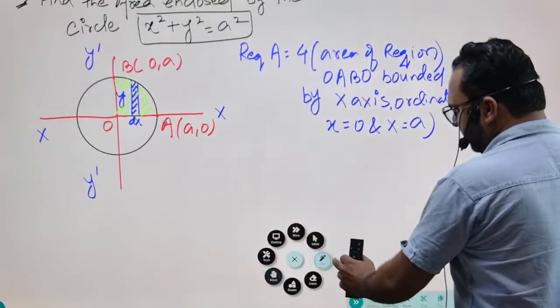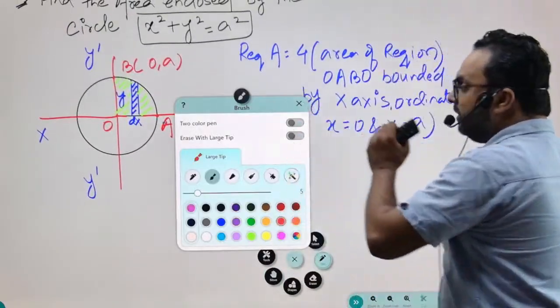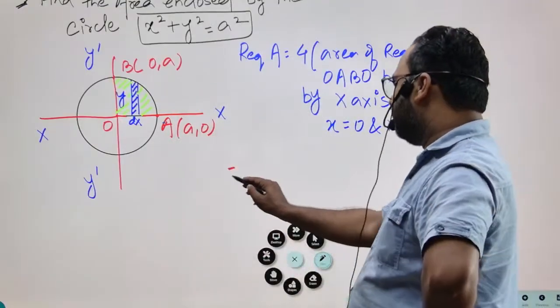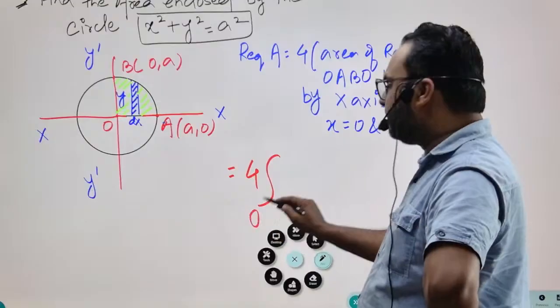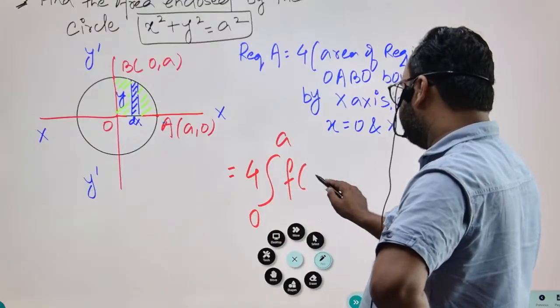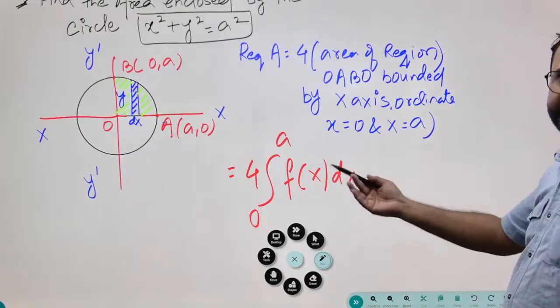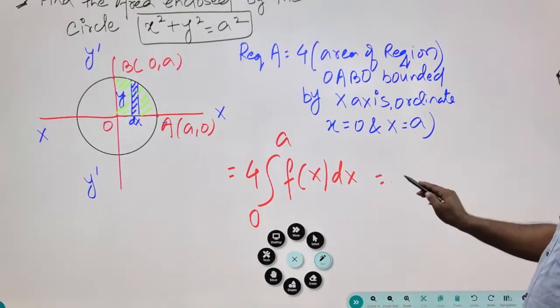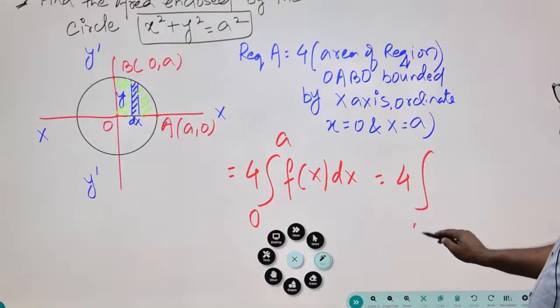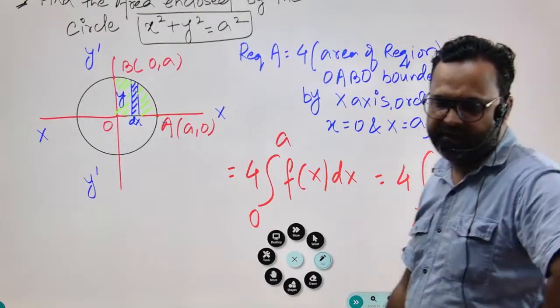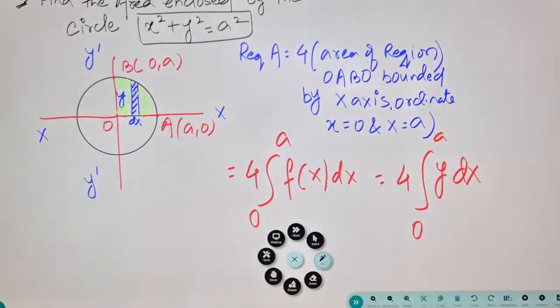For integration, always define the limit. So 4 times the integral from 0 to a of f(x) dx, that is 4 times the integral from 0 to a of y dx. Clear?